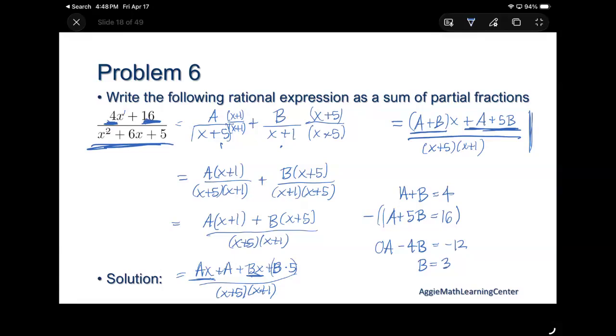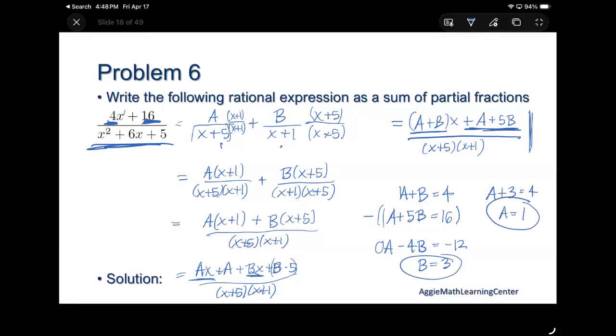B is equal to +3. Now I can use either of the 2 equations I started with or this version with the negative, but I'm going to plug in b is equal to 3 to one of them and figure out what a is. So I know that a is equal to 1. And that's my little solution.